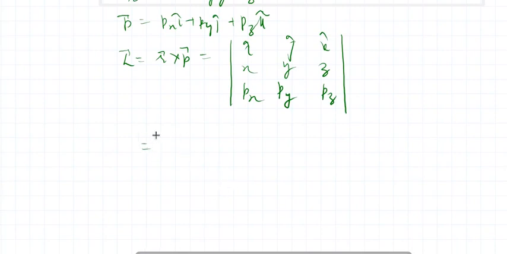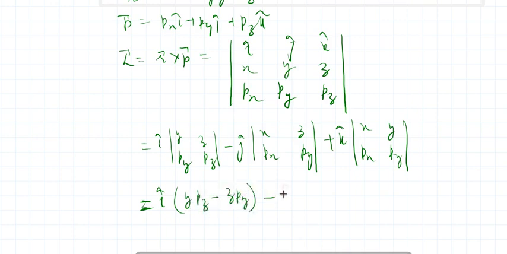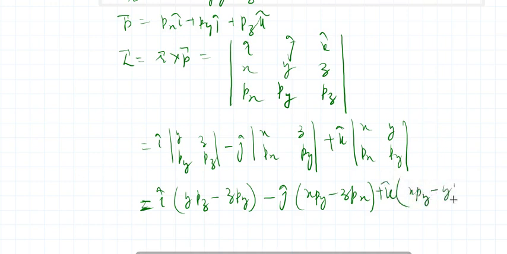Simplifying, eliminating this row and this column, the remaining determinant is i cap (y pz minus z py) minus j (x pz minus z px) plus k (x py minus y px).